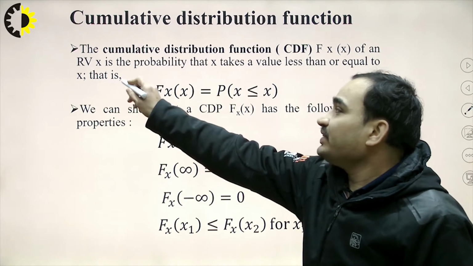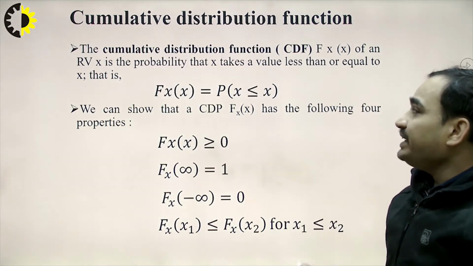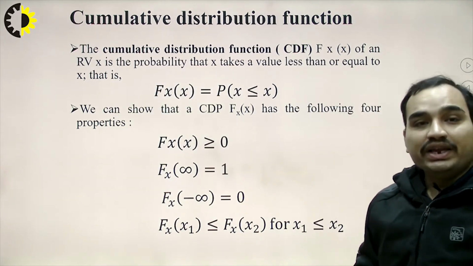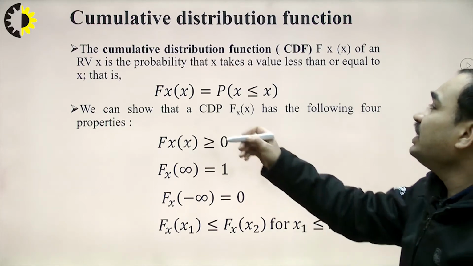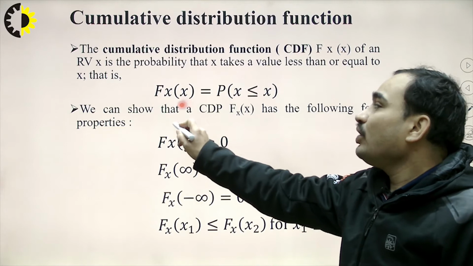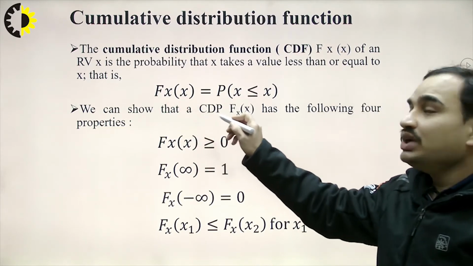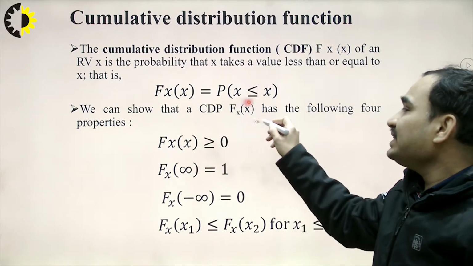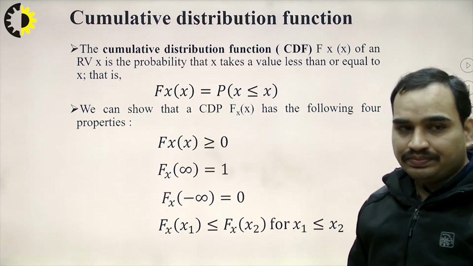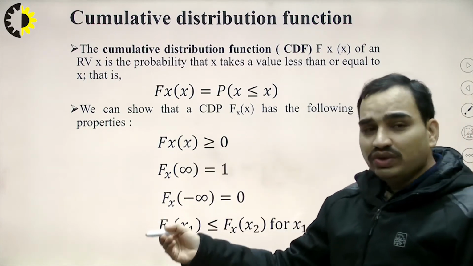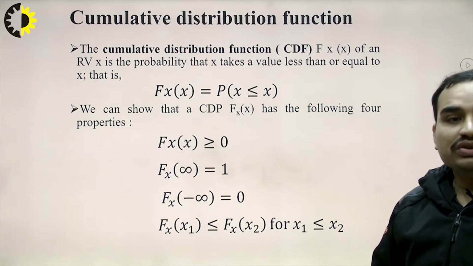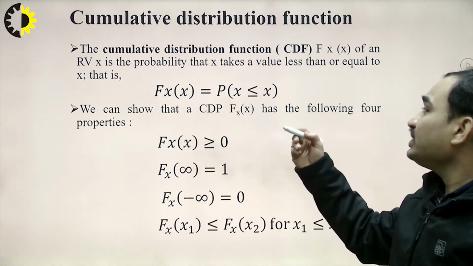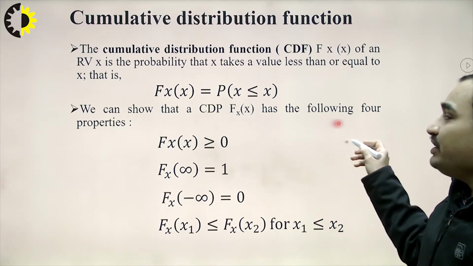So X is a random variable, and the cumulative distribution function of x is equal to the probability that X is less than or equal to x. We can show that the cumulative distribution function F of x has the following four properties.